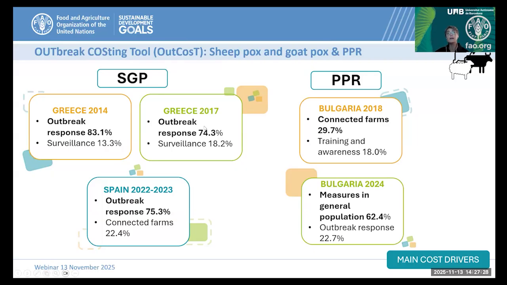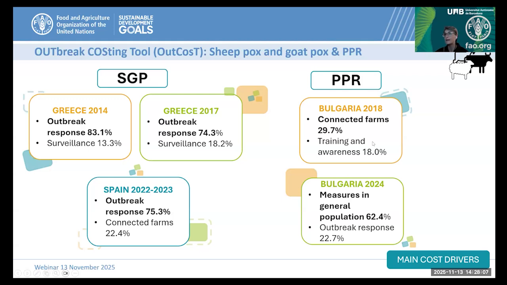In 2017, we had only 36 outbreaks on Lesbos island, and also in this case the vast majority of financial resources was spent to respond to these outbreaks. We have observed the same situation recently in Spain, where we had 30 cases in the south of the country.